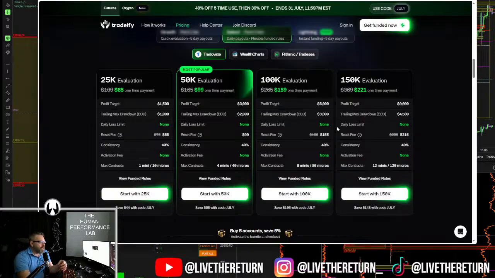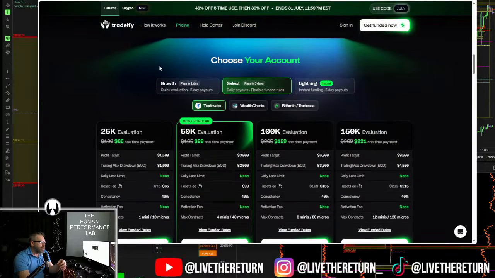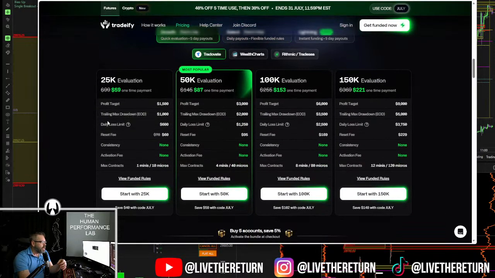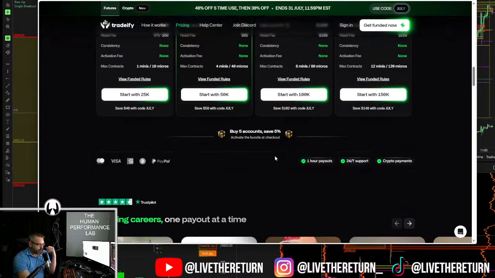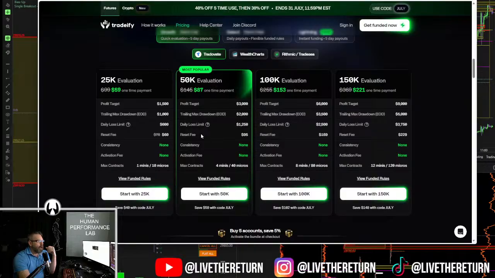If you have one of these other drawdowns right here that doesn't say end of day, so all these are saying end of day. Some of the other prop firms, I think Lucid is like this, it's the high watermark. So if you're up $1,000 today, your trailing stop already moves up 1,000 the moment you're up. So if you're up 400 in one trade, right?